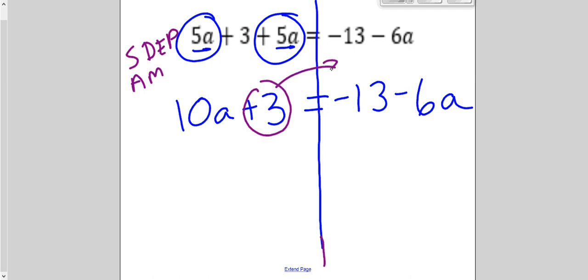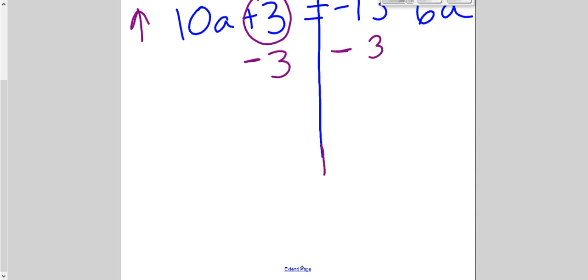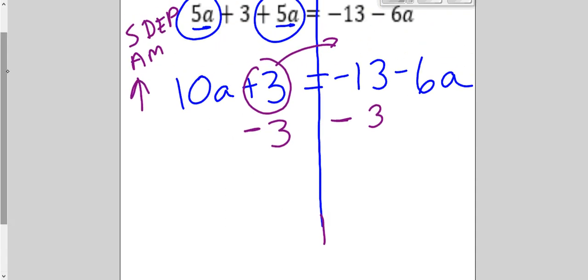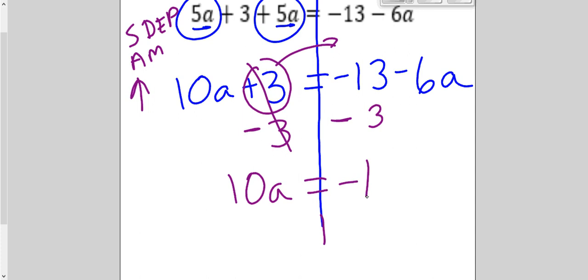This is undoing addition with subtraction. To undo plus 3, I need to subtract 3 from both sides. The 3 is the constant, so I subtract it from the constant on the right. These 3's cancel, so I get 10a equals negative 13 minus 3, which is negative 16, minus 6a.